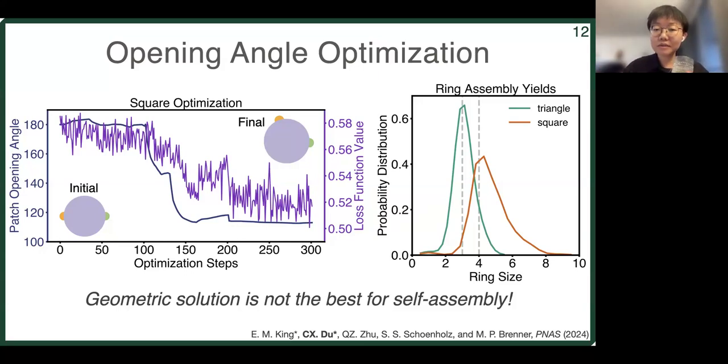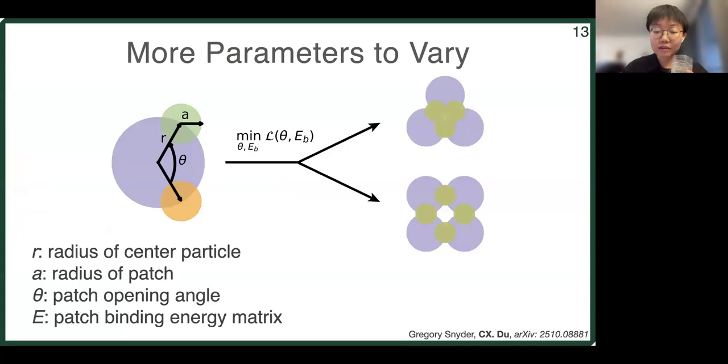To build on top of that, we want to ask what happens if we also change the sizes of the patches, because in particle synthesis you can never have exactly as precise a patch as you want, or the location of the patch. So we want to think about what the tolerance is, and whether having a really big patch or a really little patch influences assembly.